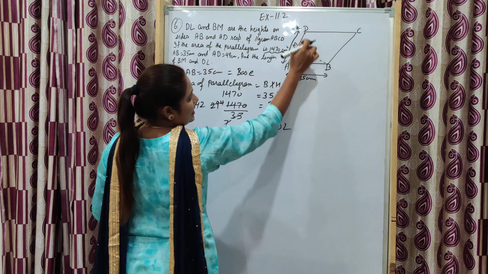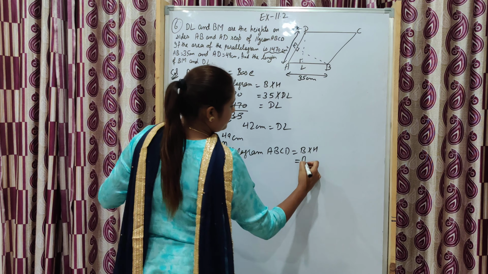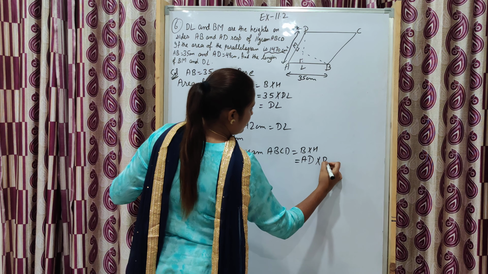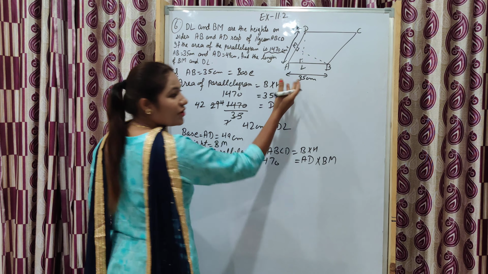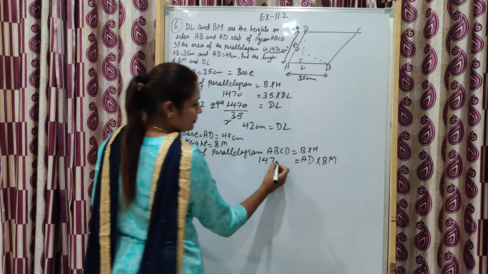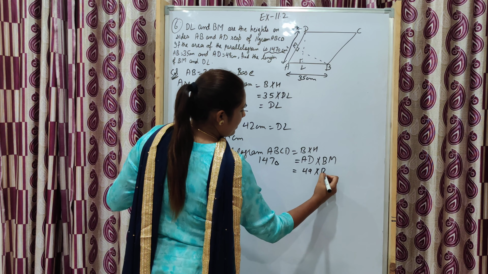We will write area of parallelogram, and the name of parallelogram is ABCD. So base into height, and what is base here? AD, and height is BM, and area same, because same figure is there, so area is same. So AD I will put the value 49, BM as such.